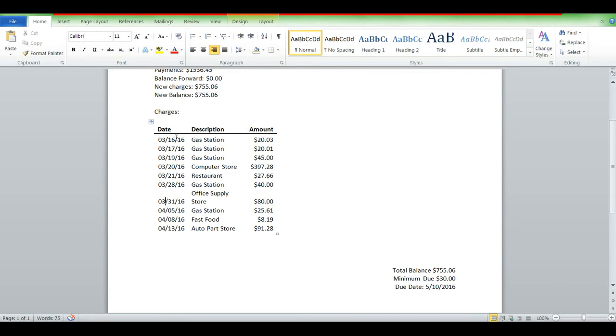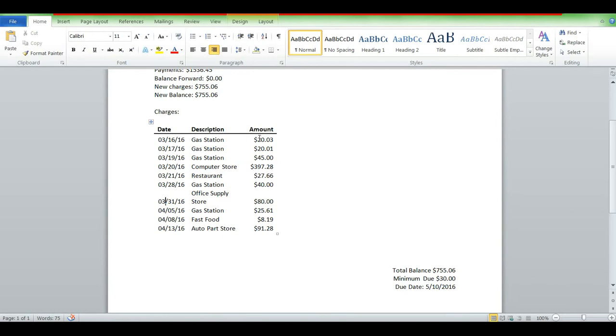Now I made up some generic things that might appear this way on a credit card. Date, description, dollar amount. Now what I do, this is just the way I do it, is, again, it's usually more specific, but I was very generic in this.